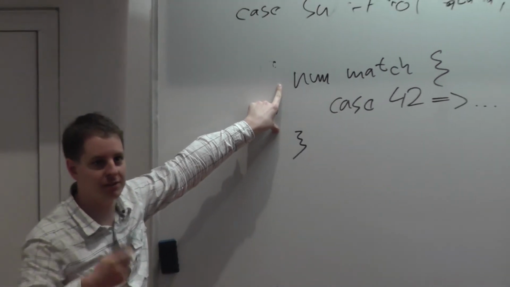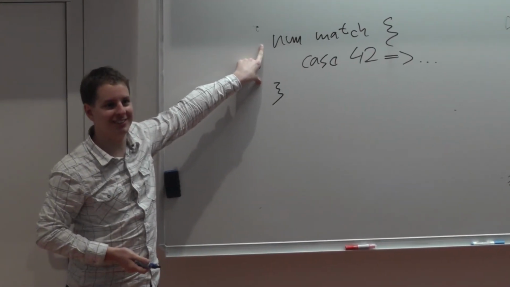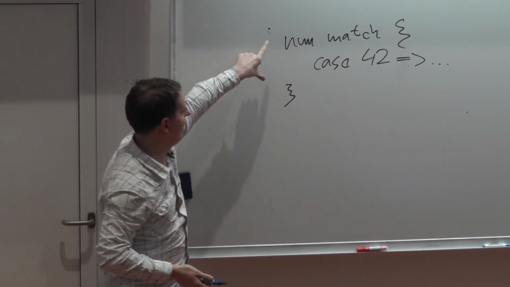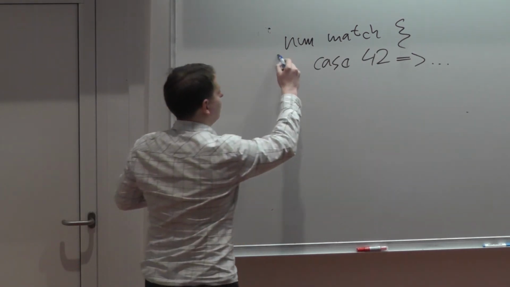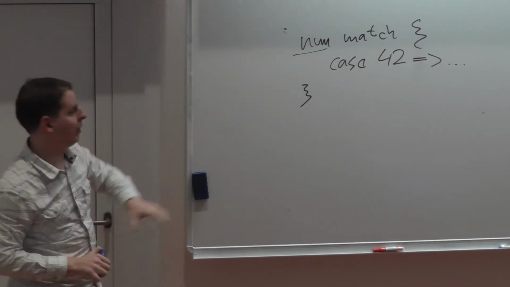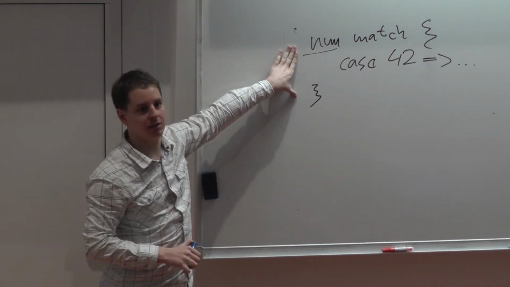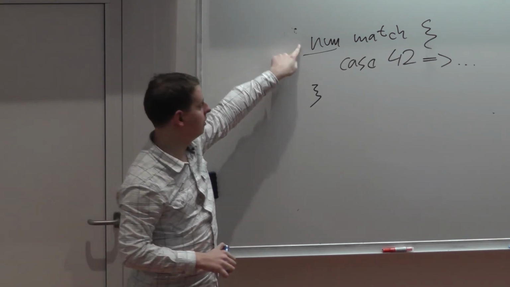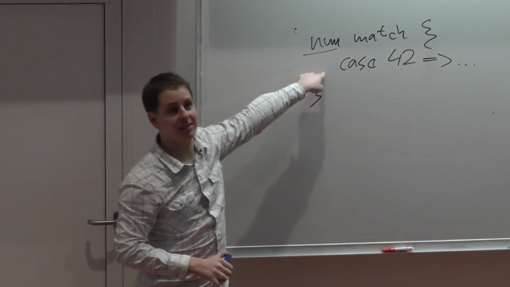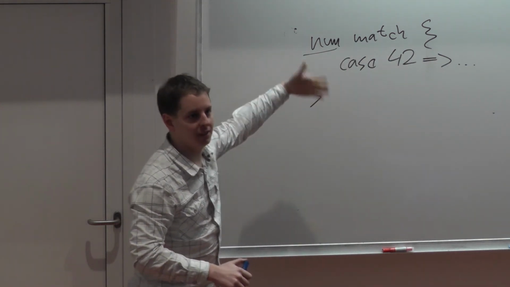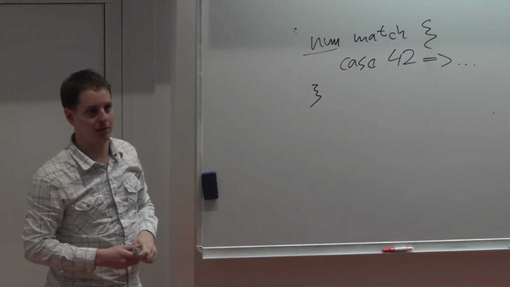The answer is obvious, so don't be shy to say it aloud. What do you mean by exhaustive? Can some value of num throw an exception when put into this expression? Yes, if it's not 42, it will not match anything. Not every answer is 42 in real life, so it will throw a match error.